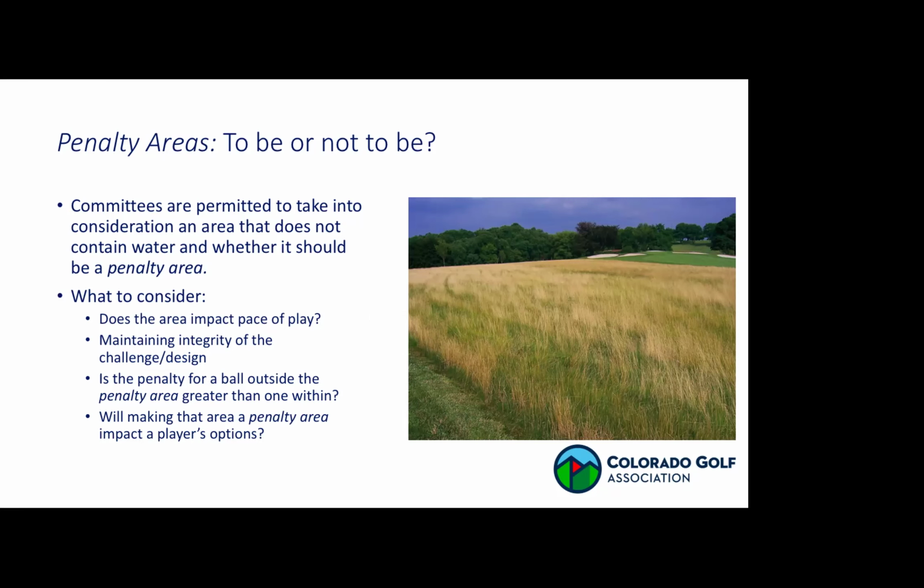We see a picture there of some tall native grass on the golf course, and that could possibly be an area that a committee chooses to make a penalty area if they want to make that decision. So you have to consider that. Does that area significantly alter or detract from pace of play? It's possible, it might. If we make it a penalty area, does it maintain the integrity of playing that hole? If we're allowing players to drop here, is it significantly changing the challenge of playing that hole?